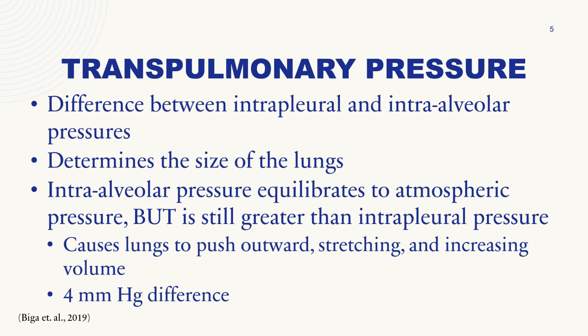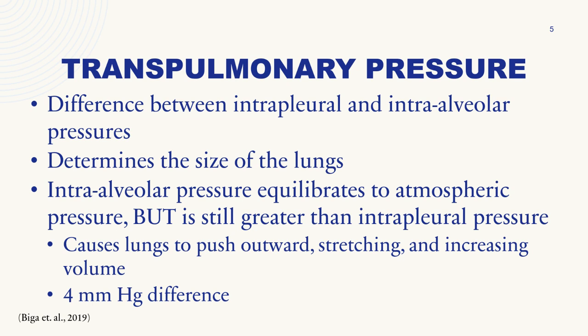So, an increased transpulmonary pressure would cause the lungs to be larger, and this pressure is caused by the intraalveolar pressure equilibrating with atmospheric pressure because they always want to be the same. I'm sorry.